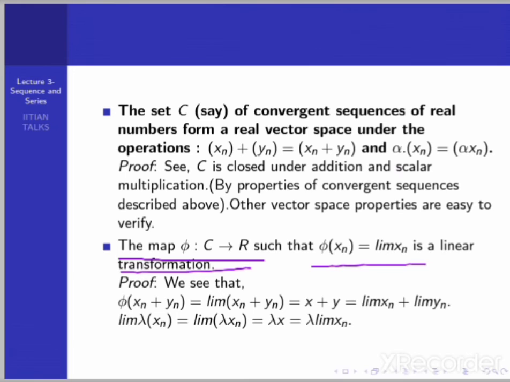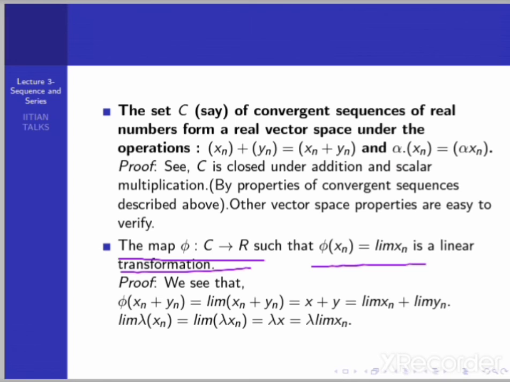Here c is in field F, where F is R here. So you see that phi(xn plus yn) is the same as phi(xn) plus phi(yn), and phi(lambda xn) is the same as lambda phi(xn). So these properties are trivially satisfied. Is it true? Right? So this is going to be a linear transformation.